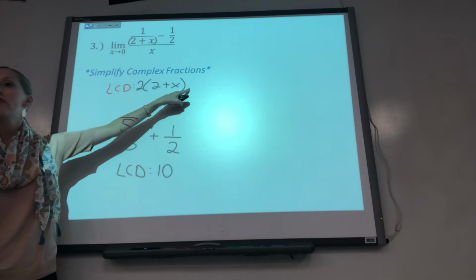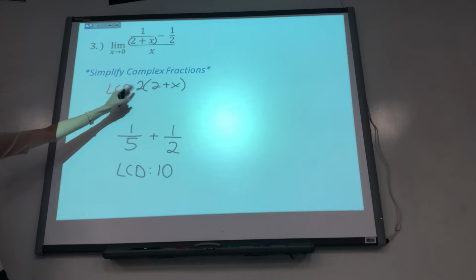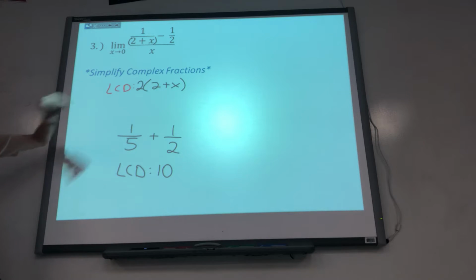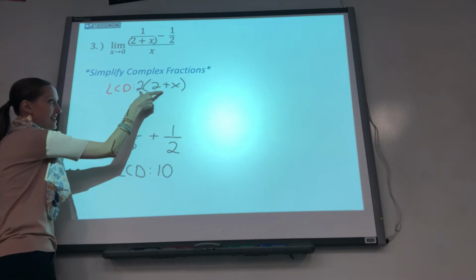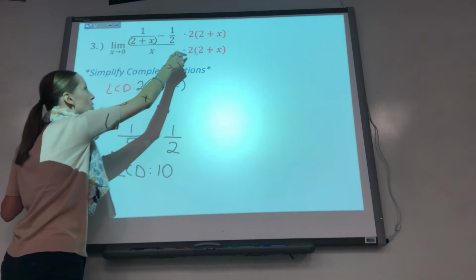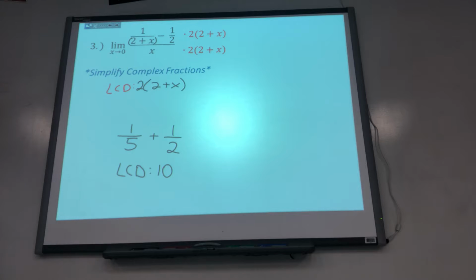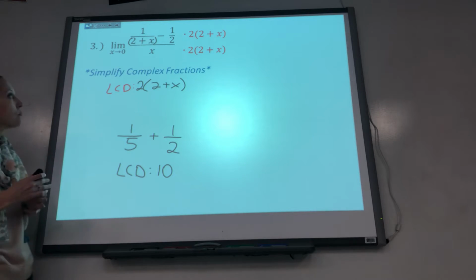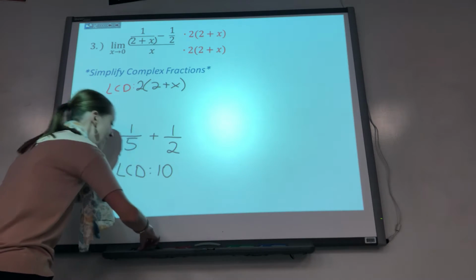It's not wrong if you leave it back here, but usually with a single number times a quantity, you stick it out front. Okay, so this 2 times 2 plus x, that is what we have to multiply by on top and on bottom. It said start by multiplying by the LCD of the fractions on top and bottom. Now we're going to have to be careful about how we do this.